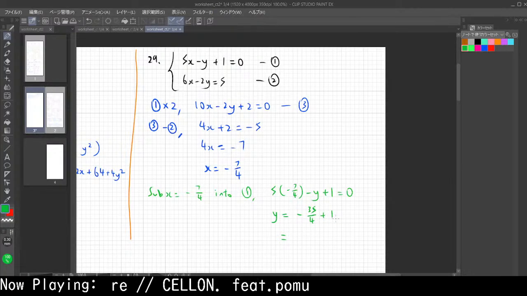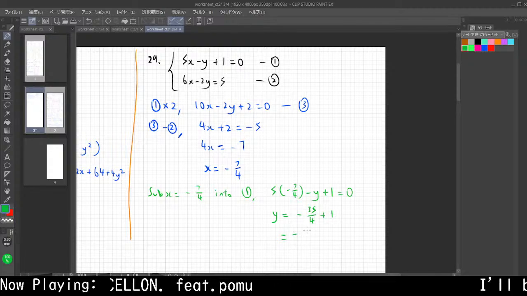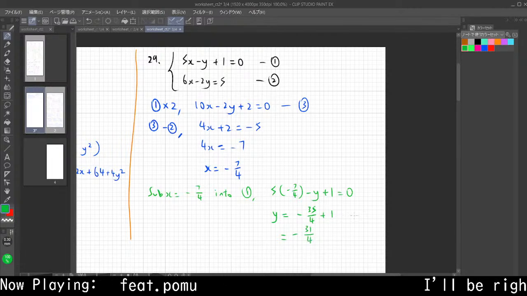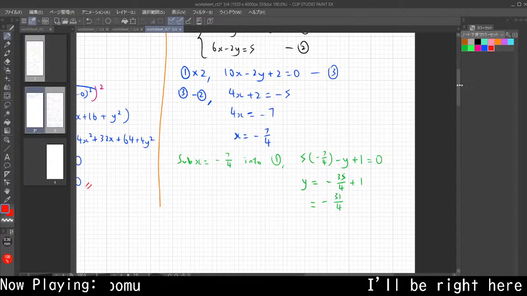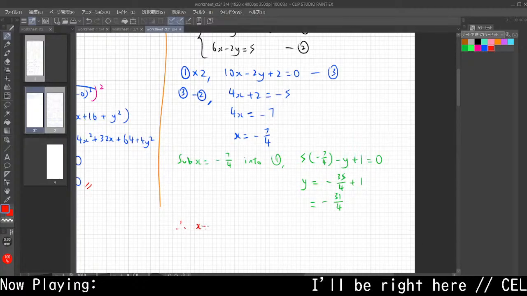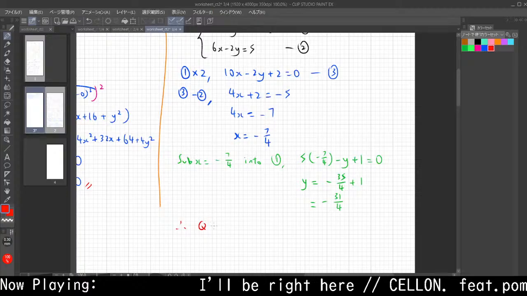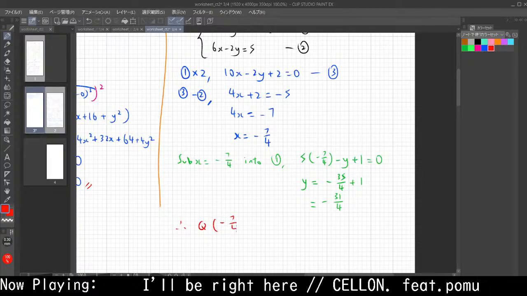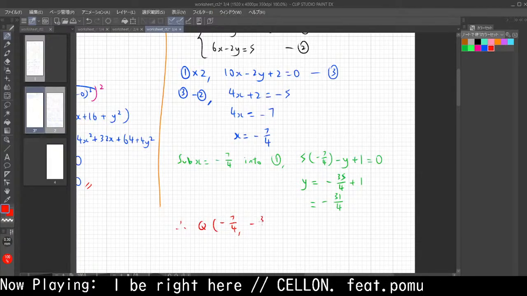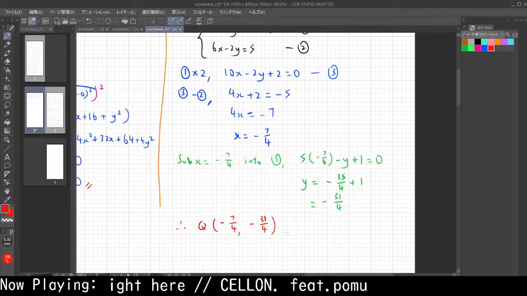One is 4 over 4 being put in together, negative 31 over 4. Okay. So therefore the coordinates of Q is negative 7 over 4 comma negative 31 over 4.